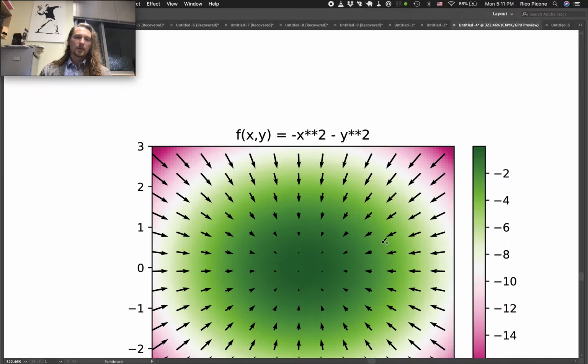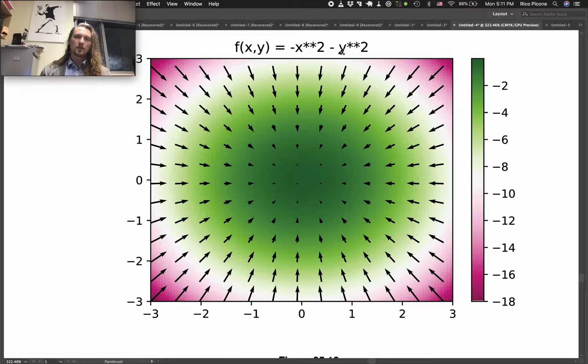The next example is actually negative, so negative x squared, negative y squared. They're all attracted towards the center. Notice this is very different, though, than the gravitational potential gradient, because as you approach the center, this actually gets weaker and weaker, whereas with the gravitational potential, it got stronger and stronger.